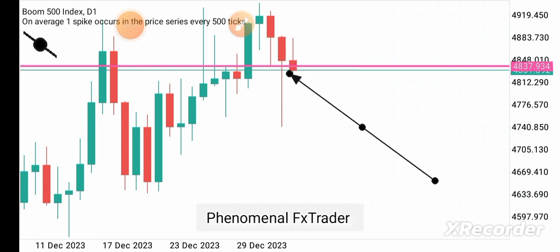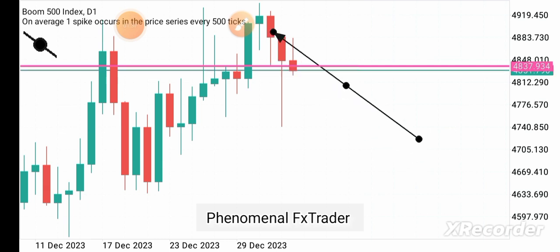It started selling again. There must be something here that made the market reverse. In that case, there must be a support around this point.